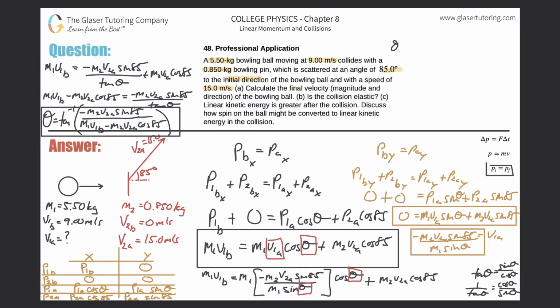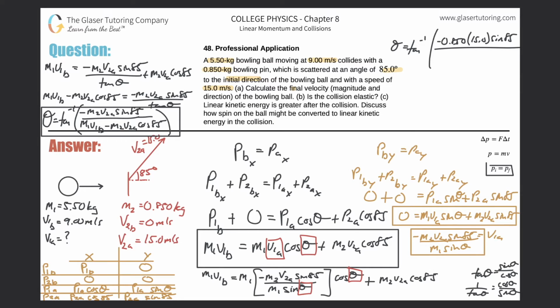So theta is equal to the inverse tan of negative m2. Remember, m2 is 0.850. I can already tell I might run out of some room. 0.850 multiplied by v2a, which was 15, multiplied by sine of 85.